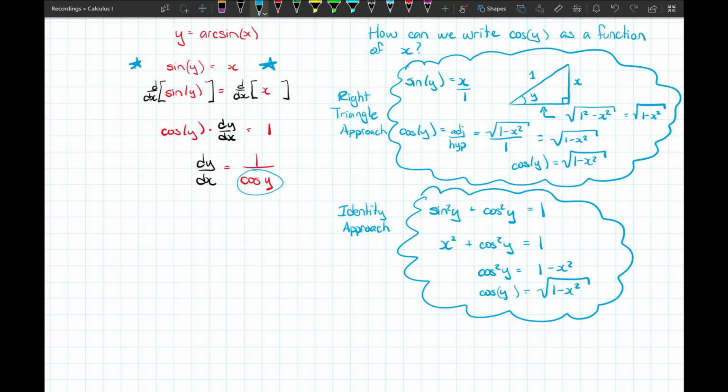Either way, once we've got one of those two approaches mastered, then we can replace cosine y in the derivative here with the expression root 1 minus x squared.